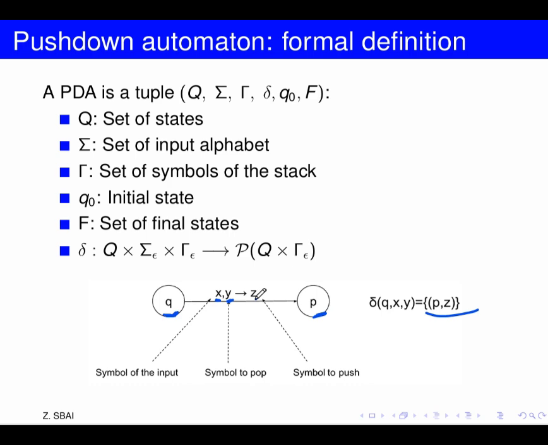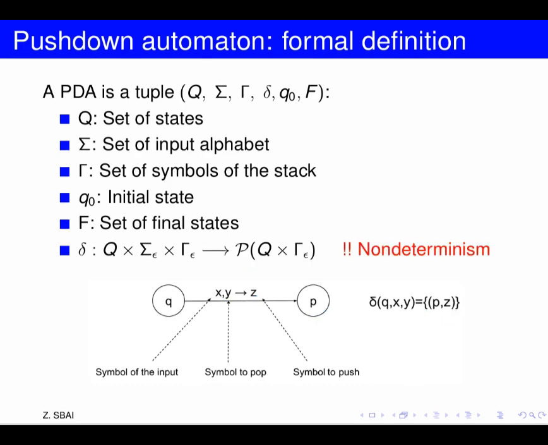Okay, as you may see here, we may have different possibilities for this result of transition. That's why we used in the definition the power set of Q cross gamma epsilon. And this is known as the possibility for non-determinism according to this definition.